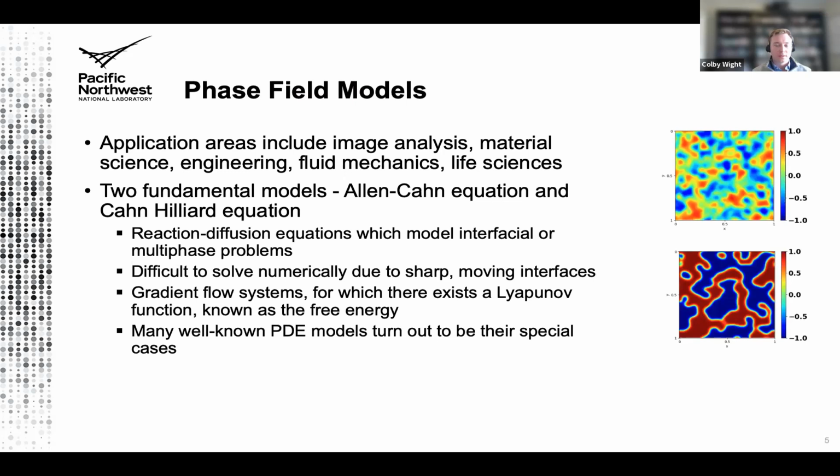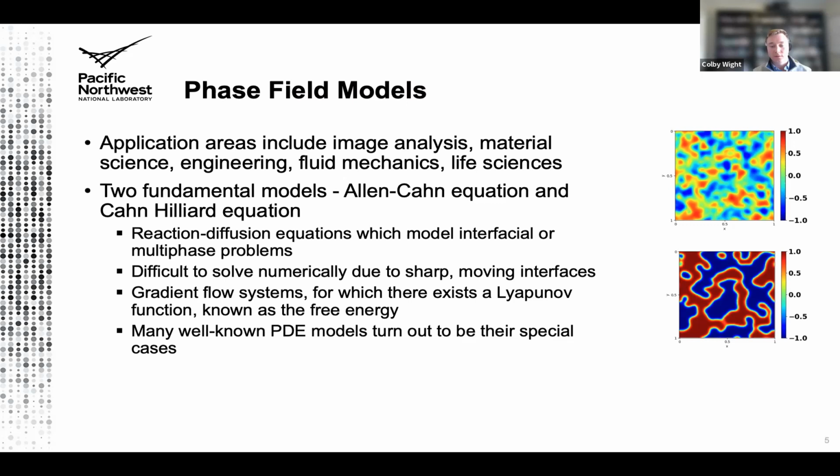Phase field models have applications in a number of different areas, including image analysis, material science, engineering, fluid mechanics, and even the life sciences. We'll focus on two fundamental models here, the Allen-Cahn and Cahn-Hilliard equations. These equations are reaction diffusion equations, and they model interfacial or multi-phase problems.